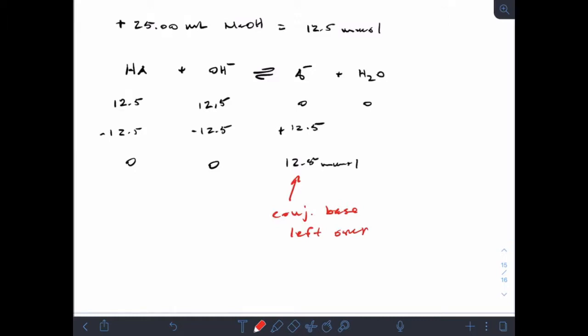So now we're in a situation where we're going to find the pH of a weak acid, or excuse me, the conjugate base by itself. Sorry, my handwriting is wonderful for this video.